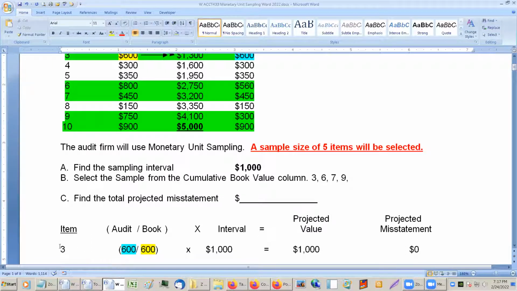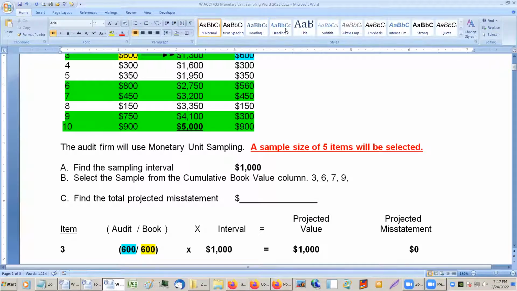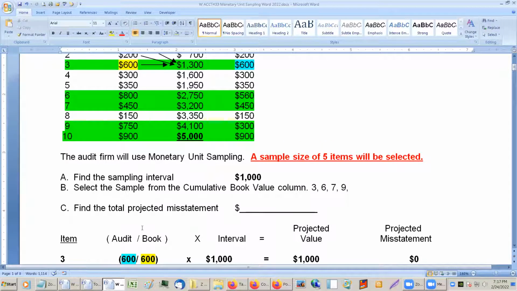The 600 divided by 600 is just 1. Notice that this is just the ratio, just like we did before for the ratio estimation.